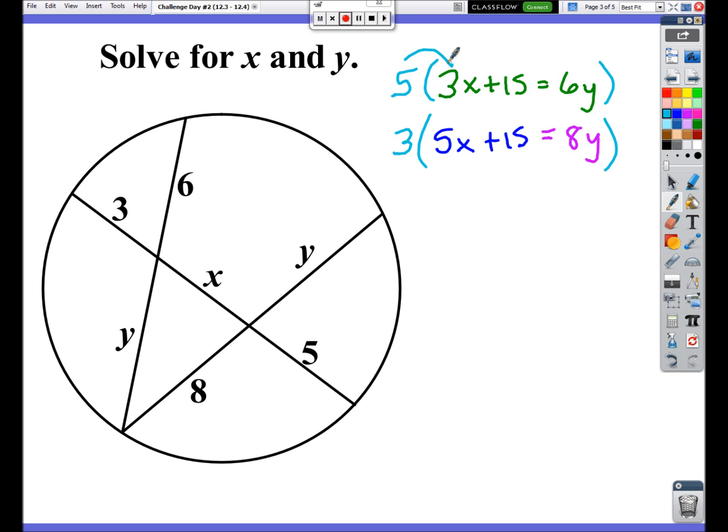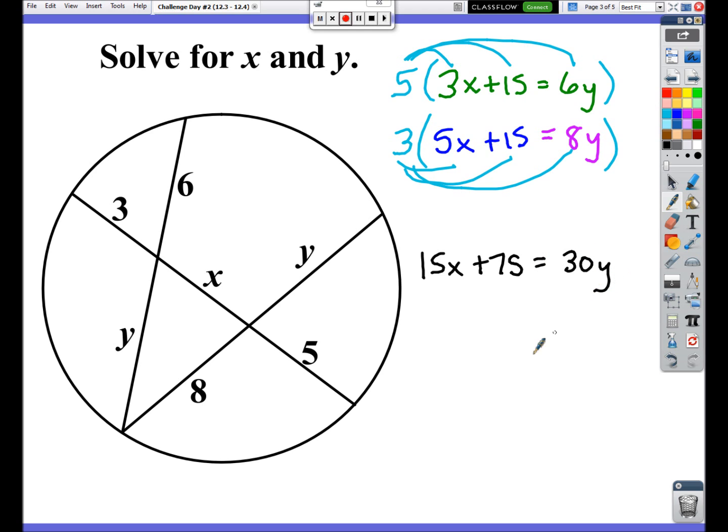Okay, so let's distribute the 5 all the way through and the 3 all the way through. So top equation will have 15x plus 75 equals 30y. And the bottom equation will have 15x plus 45 equals 24y.